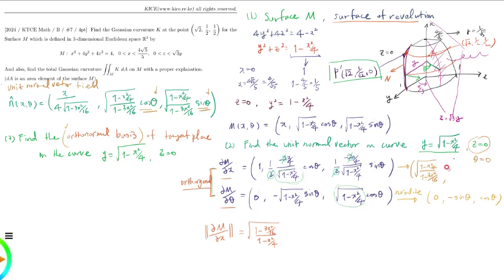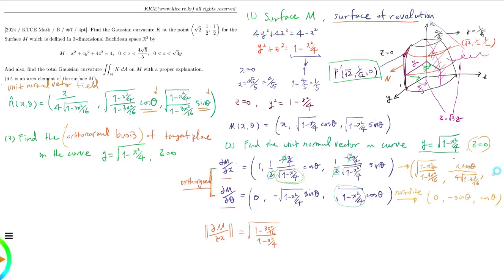And for the second coordinate, we'll have minus x over 4, and those square roots of 1 minus x squared over 4 cancel out, and what's left is the square root of 1 minus 3x squared over 16 in the denominator.